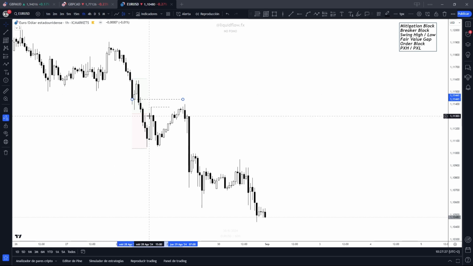But what happened? We have a swing high. It didn't create a swing low below this swing point here. So we can see how the market makes a retracement, and then when we see some sort of fair value gap here, you could say, okay, probably from here, it will not respect it. So what is this?